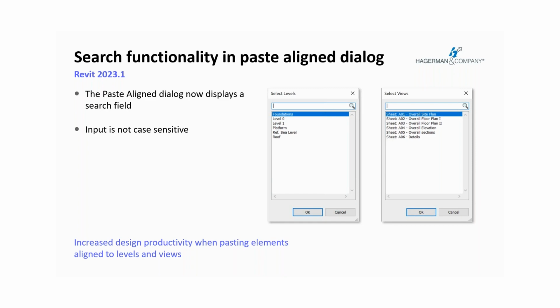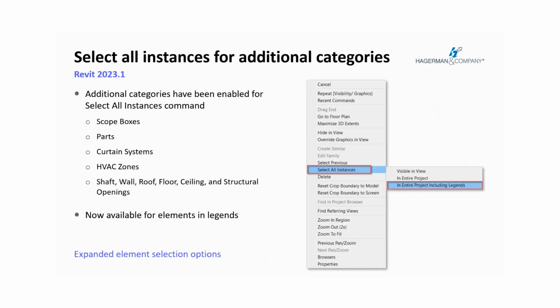Worth noting, the search functionality is not case sensitive, and this will translate to readily accessible results. With this subtle update, I am sure you will notice an increase in your design productivity when pasting elements aligned to levels and views.